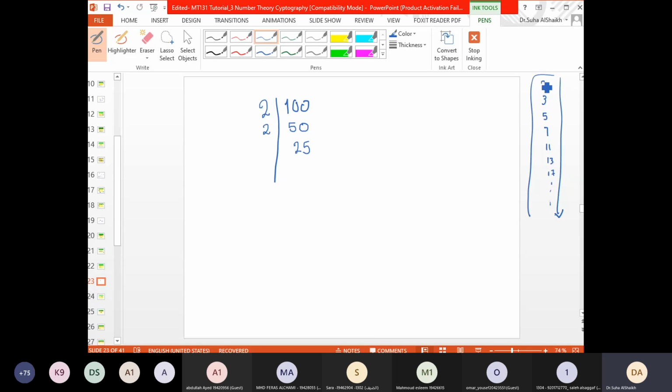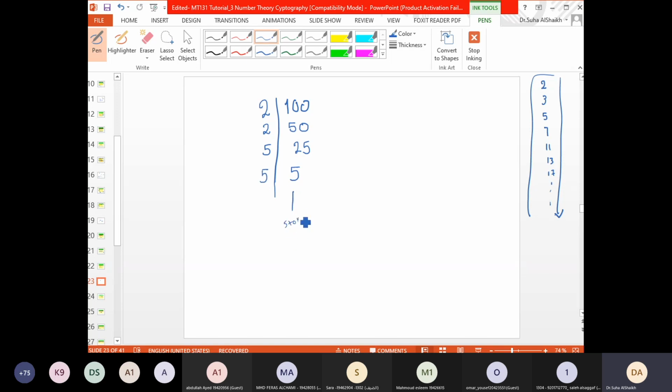I go back again and check. Does the 2 divide the 25? No. Does the 3 divide the 25? No. Does the 5 divide the 25? Yeah. So I write 5. Now if I divide 25 by 5, what will be the result? 5. Clearly 5 is divided by 5 and the result is 1.